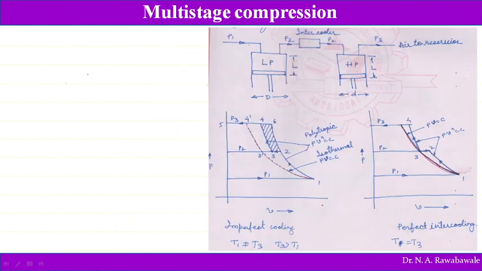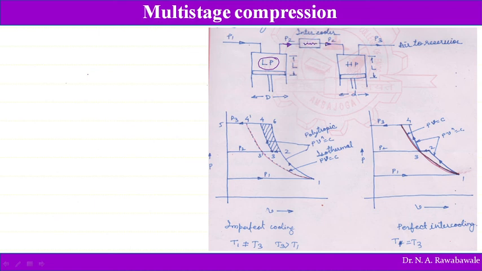Now we will see what is multi-stage compression. Air is allowed to pass into the low pressure cylinder, LP cylinder, having larger diameter and stroke length L. When it is passed into this LP cylinder, air is compressed to pressure P2, and then it is passed into the intercooler, where the temperature of air is reduced, so it is cooled.